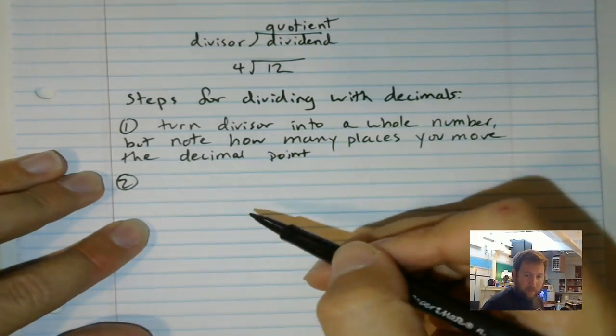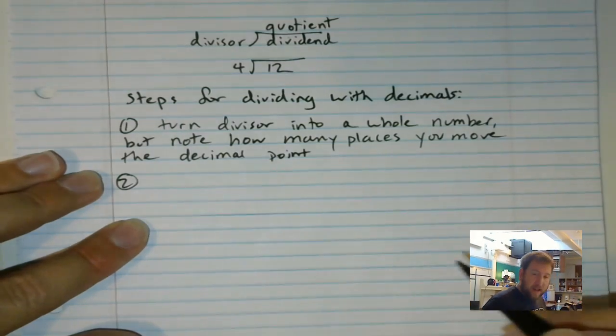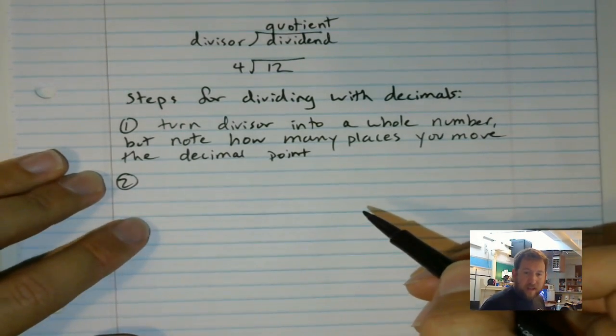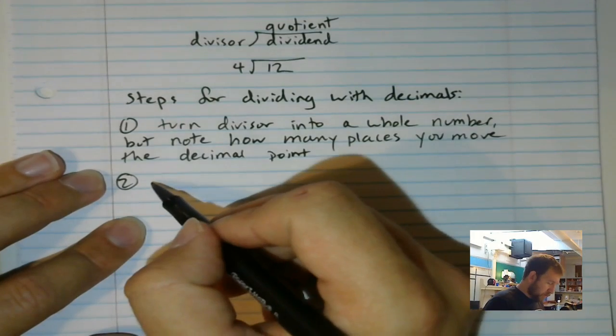Then move the decimal point of the dividend the same number of places.